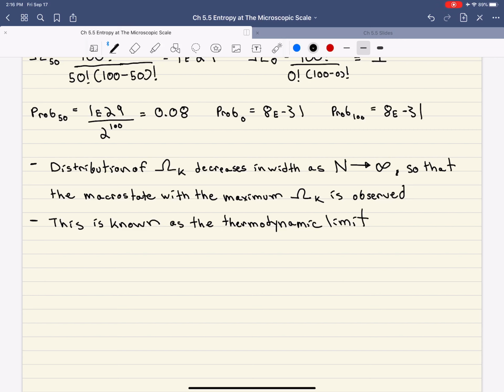Generally, just to reiterate, when n goes to infinity, that's known as the thermodynamic limit, and as n approaches infinity, we only really observe the macrostate that's the maximum.